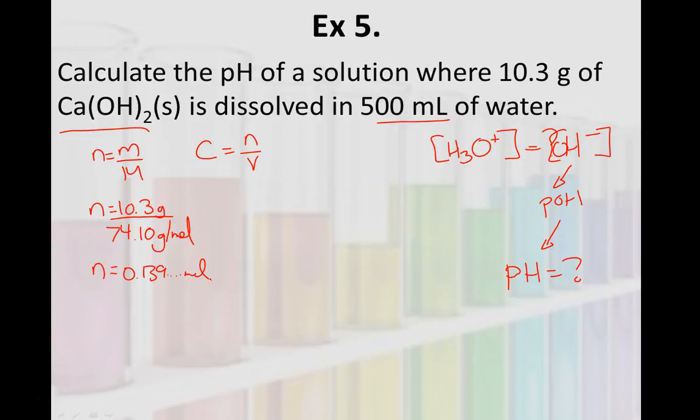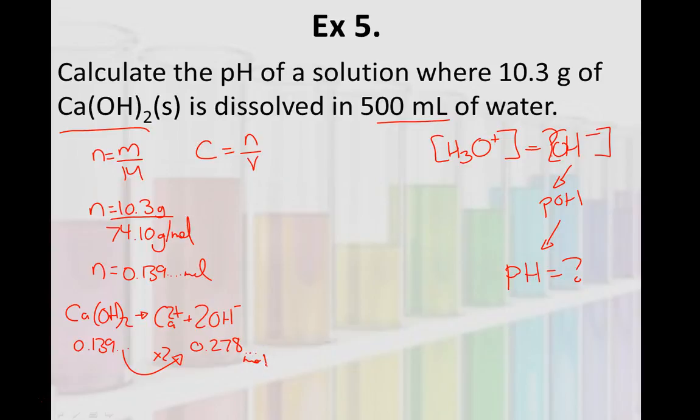Times it by 2. Why? Because you need the OH, not the whole thing. This is the number of moles of Ca(OH)2. I need to know, if I put this in water and it dissociates, there's only one calcium ion, but there are technically 2 hydroxide ions. So I use my stoichiometry to times it by 2 and figure out the number of moles of hydroxide is actually 0.278 moles.